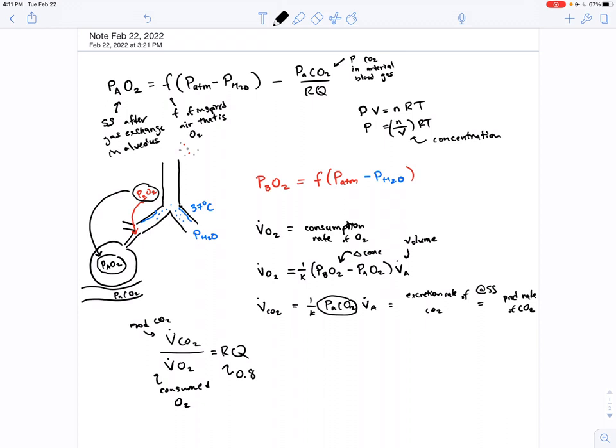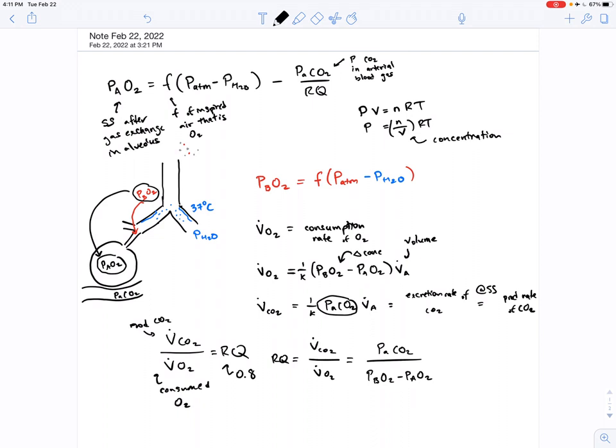So V dot CO2 divided by V dot O2 is our respiratory quotient, and if we divide those two expressions at the top, our VA's cancel, our 1 over K's cancel, and we get PaCO2 divided by PbO2 minus PaO2.